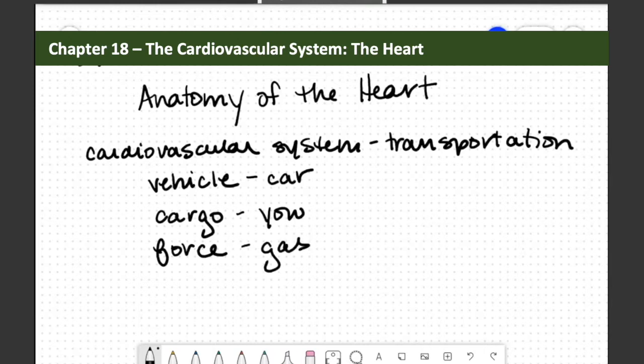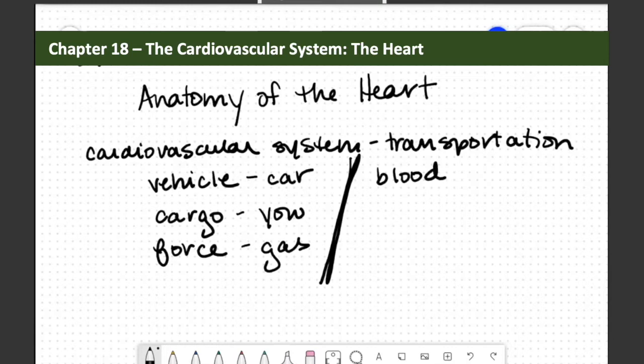making the car go. When we are talking about the biological system and maintaining your homeostasis, the vehicle is going to be your blood. So we talked about this last week. The blood is the item that is moving throughout your system.